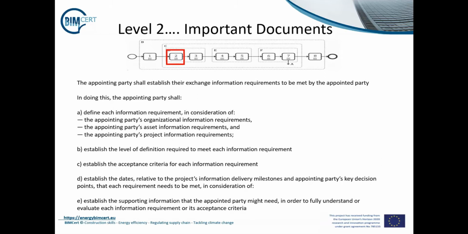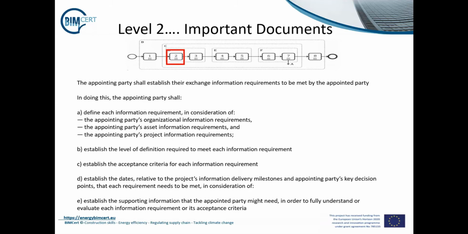Then, one must establish a level of definition required to meet each information requirement. So previously, in microsegment 2, we discussed the level of detail, the level of information required in the model. It's important to define what this should be and at what stage to ensure that the employer's expectations are met. After this, there's a need to establish the acceptance criteria for each information requirement, such as the project information standard and the information production methods and procedures.